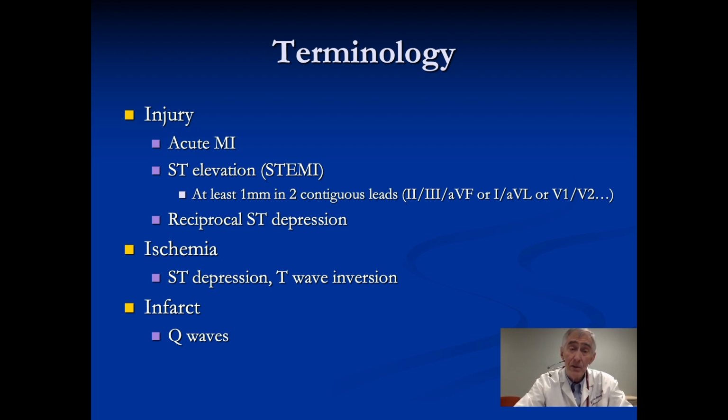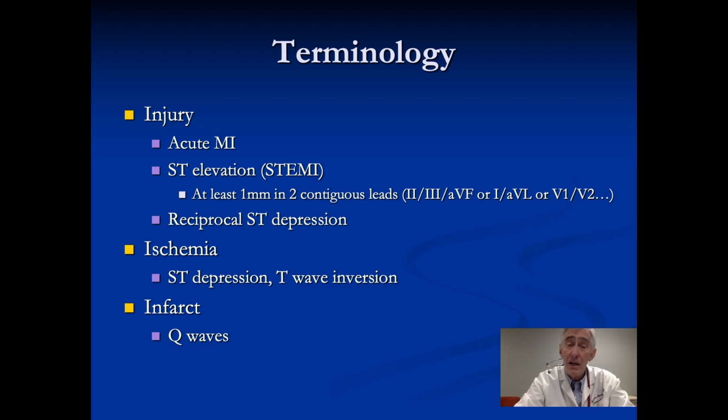The contiguous leads mean that it's either 2, 3, and AVF, or 1 and AVL, or V1, V2. V3, V4, V2, V3, V4, V5, all of those are contiguous leads.